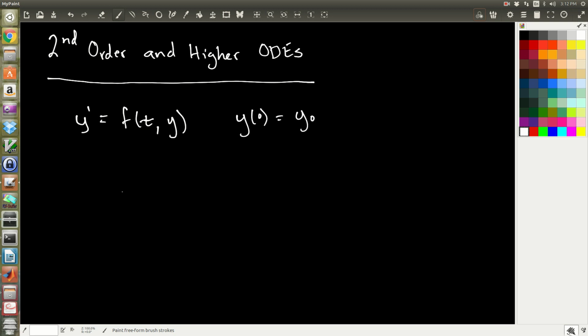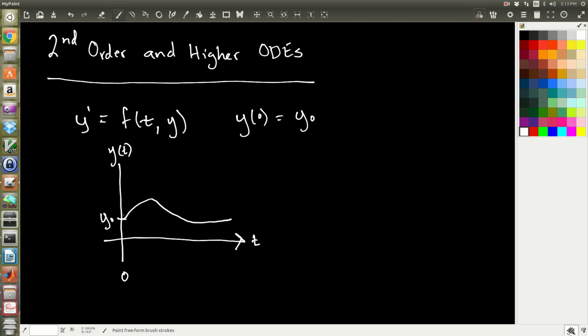Okay, so this corresponds to some differential equation that has a solution, y of t, that's at the value of t equal to 0. It has some initial value y naught, and maybe the exact solution looks something like this.